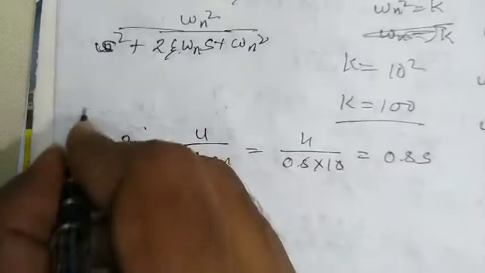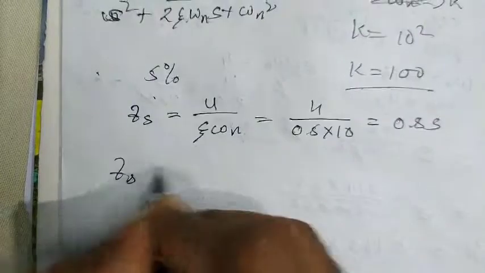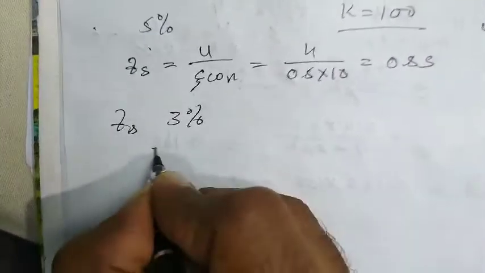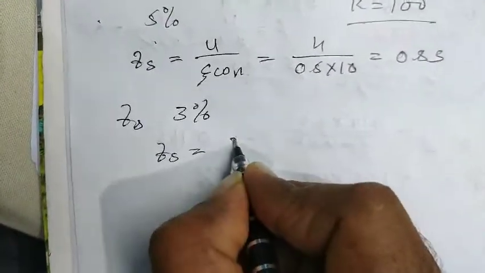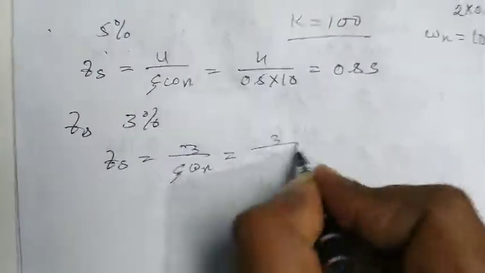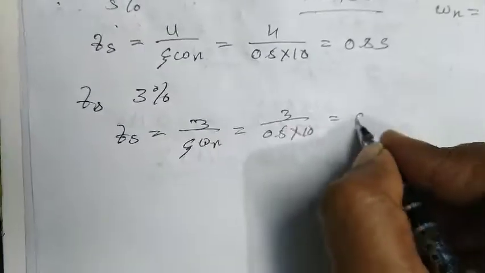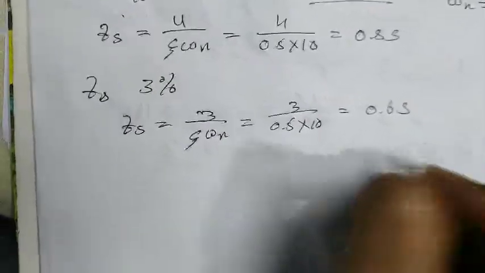So that is Ts for 2% tolerance. Ts for 5% tolerance is given by Ts equals 3 by zeta into omega n, which is 3 by 0.5 into 10, where I'll get 0.6 seconds.